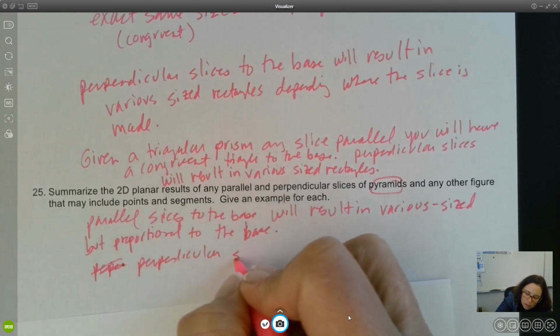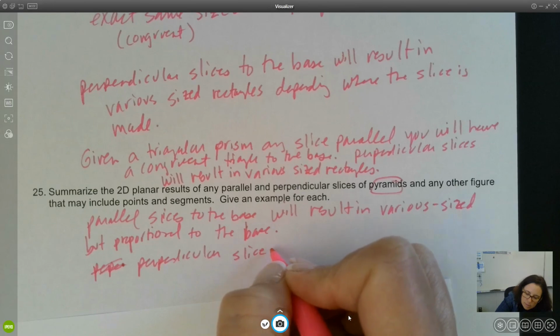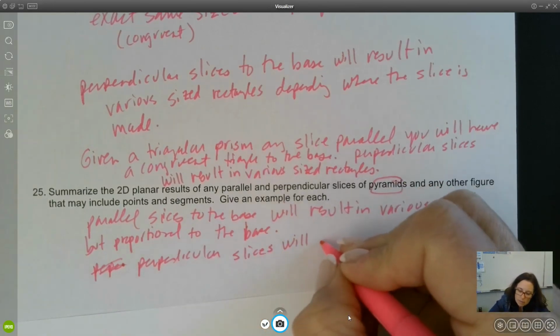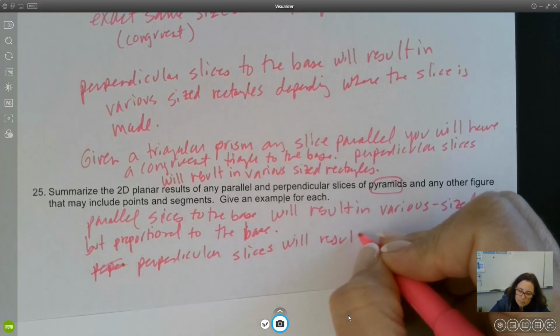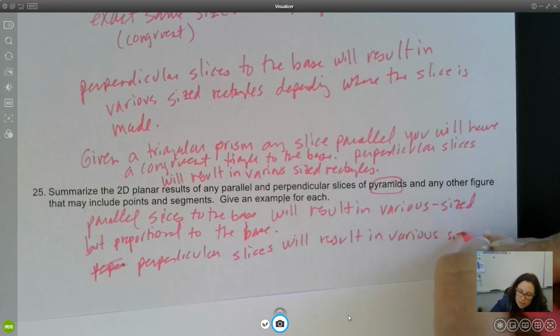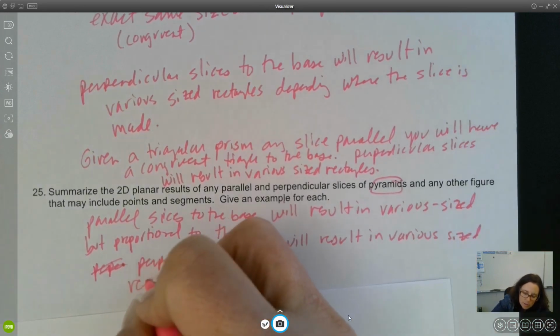Perpendicular slices will result in various sized rectangles.